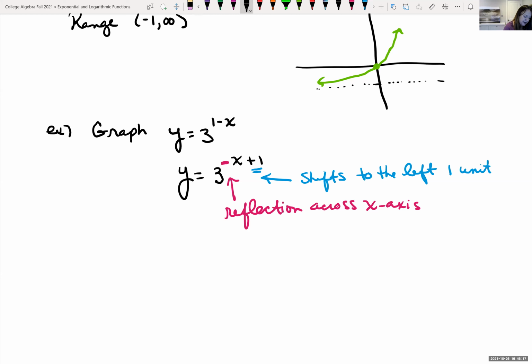So if we think about the transformations being done, if I first reflect this across the y-axis, that's going to give me something that looks like this. And then if I take this and shift it to the left one, this point that is here at (0, 1) is now going to be at (1, 1).